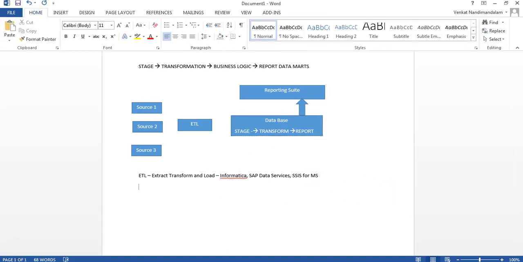The major reporting suites you have in the market are Business Objects, Cognos from IBM, OBIEE from Oracle, and Tableau. There are a lot of reporting tools in the market, and you can use any of them based on the customer requirements and build the reports.